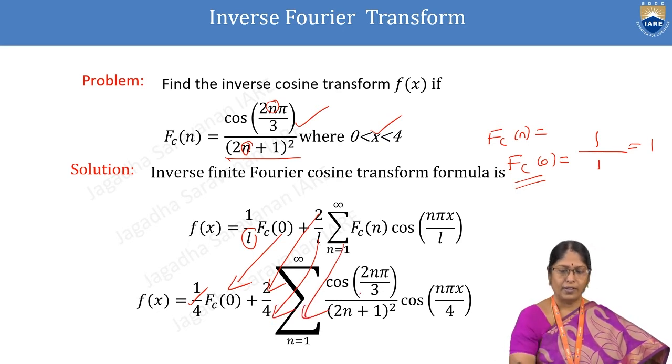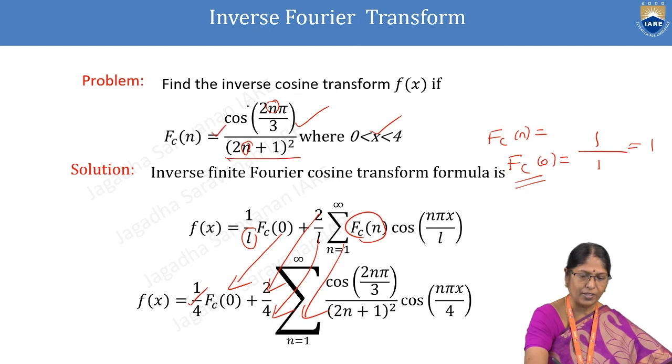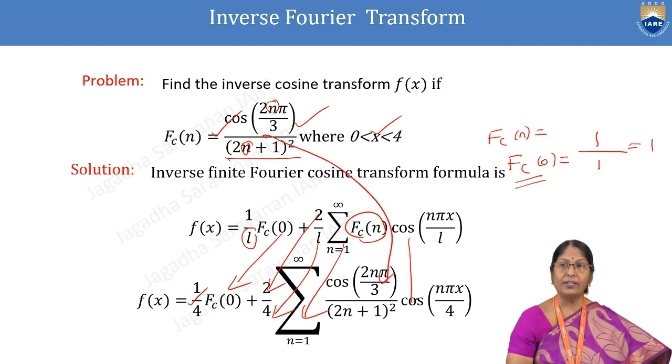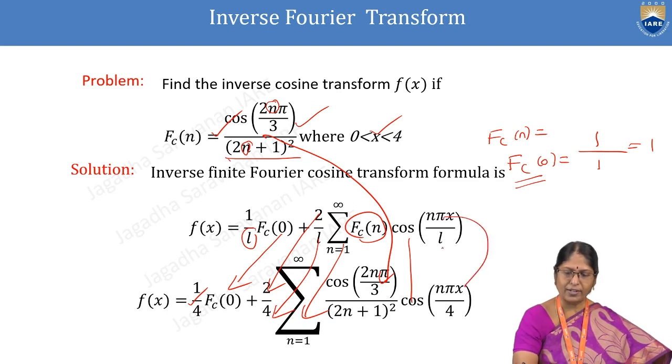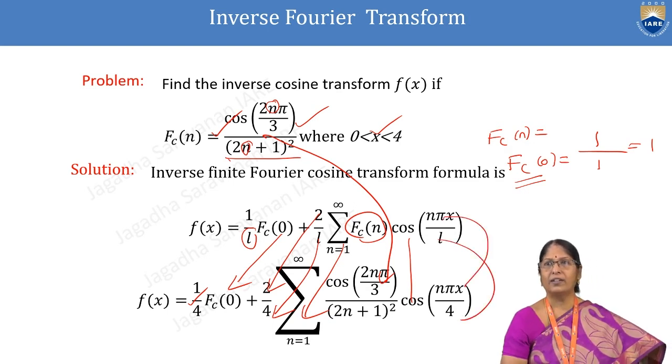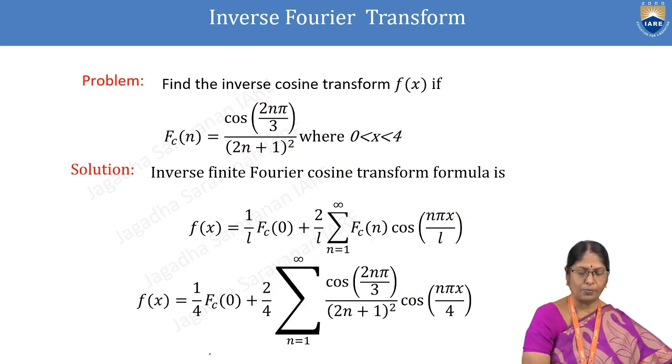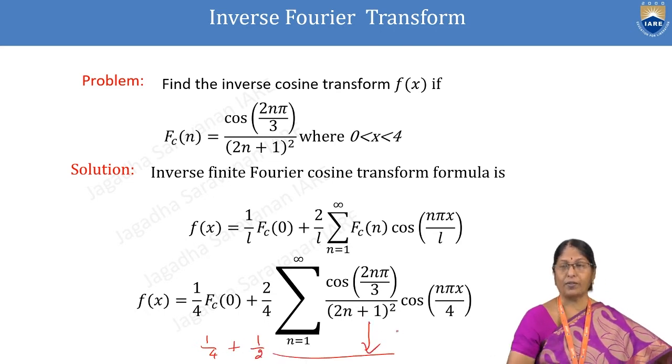FC of n is given in the question, we just substituted. Cos as it is, n pi x as it is, whereas L is 4. Here we should substitute the value also. 1 by 4 plus this we can simplify, 1 by 2. The rest we can write as it is.